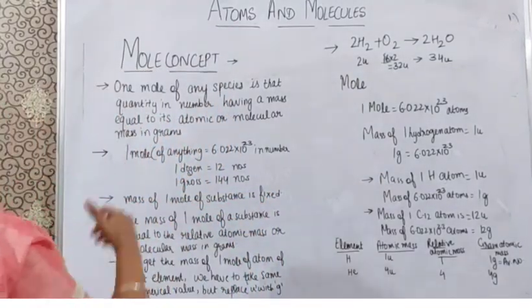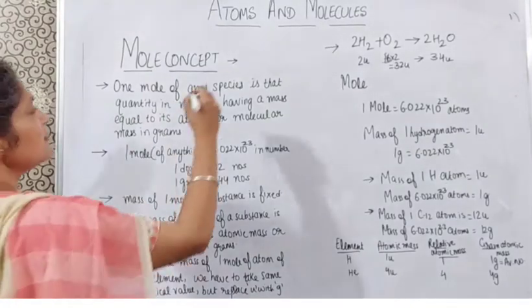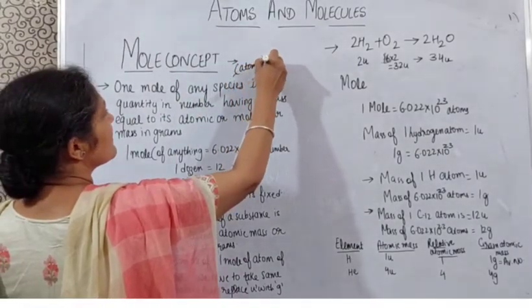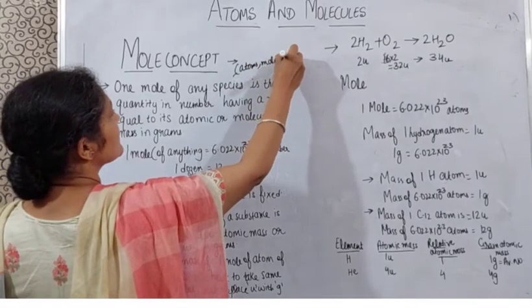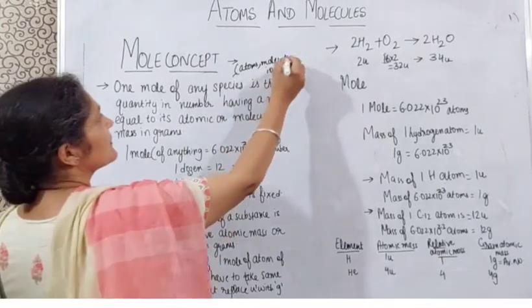So what is a mole? 1 mole of any species. Species means it may be atoms, molecules, ions, etc. Right students?